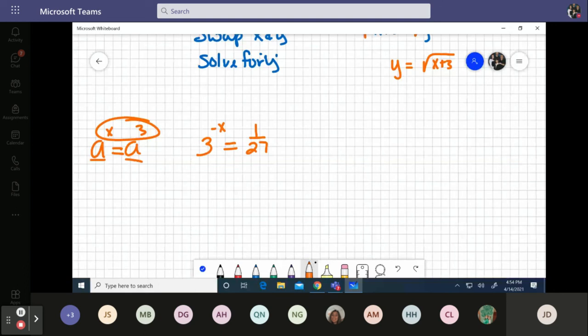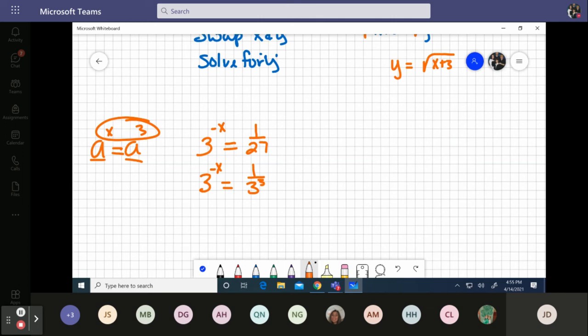This solves it for me because x would have to be 3. So that means I need to change that 1 over 27 into a 3. How can I write 27 as a 3? 3 to the third.